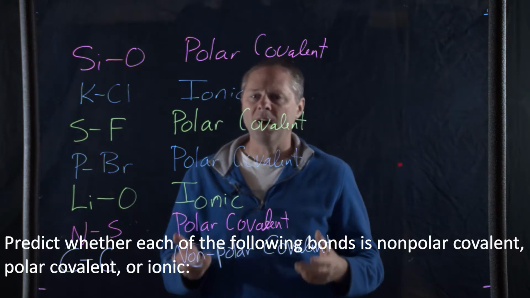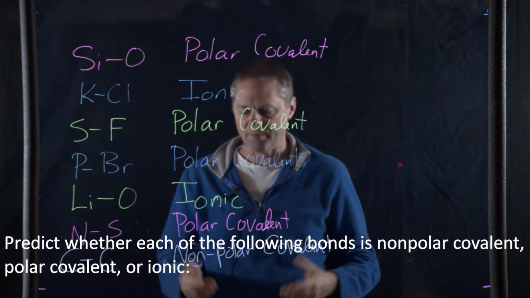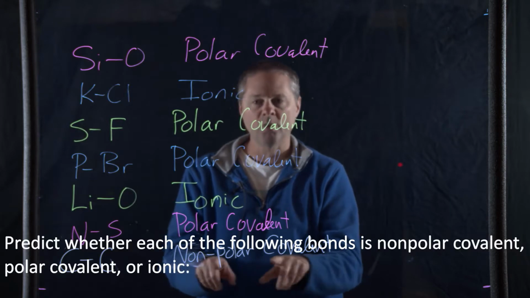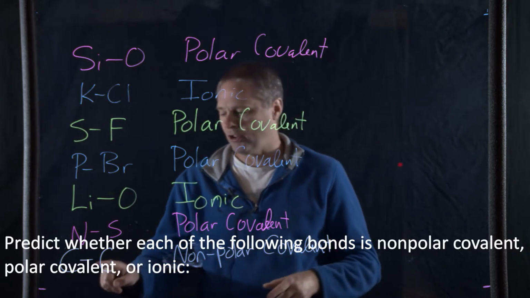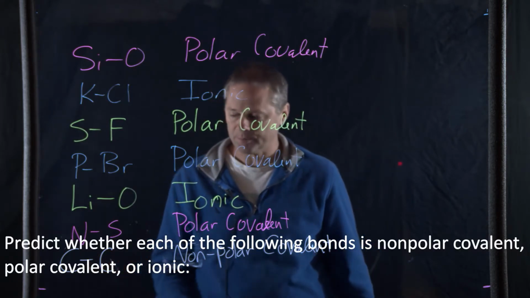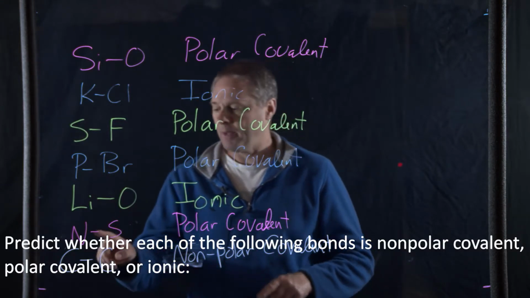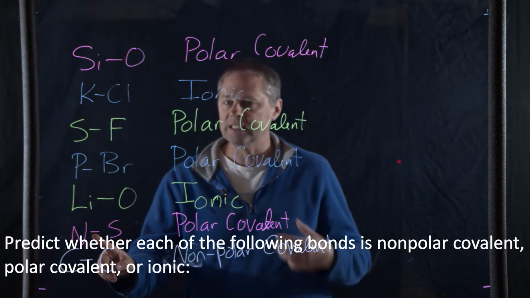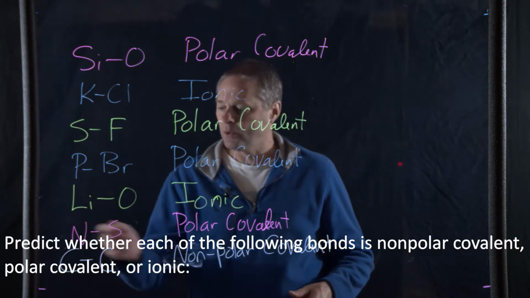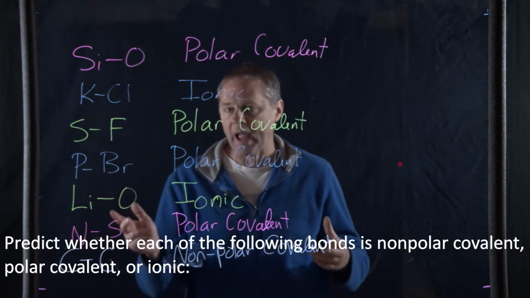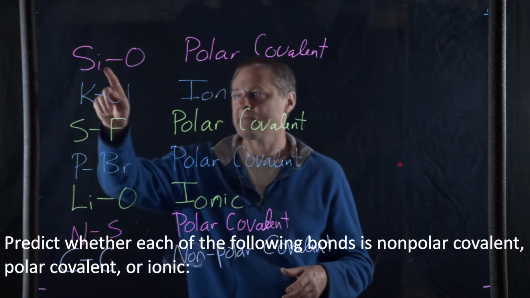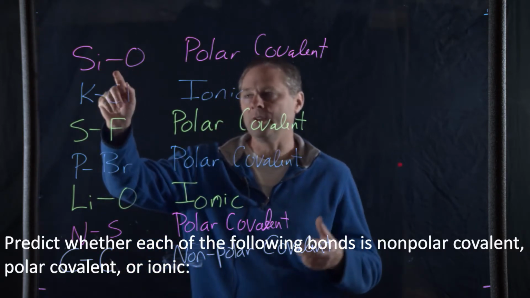The word covalent simply means a sharing. If you have a non-polar covalent bond, that means there's equal sharing of the bonded electrons. If you have a polar covalent bond, that means this bonding pair of electrons is not equally shared. It's going to favor one atom over another. So the silicon-oxygen one's a real easy one.